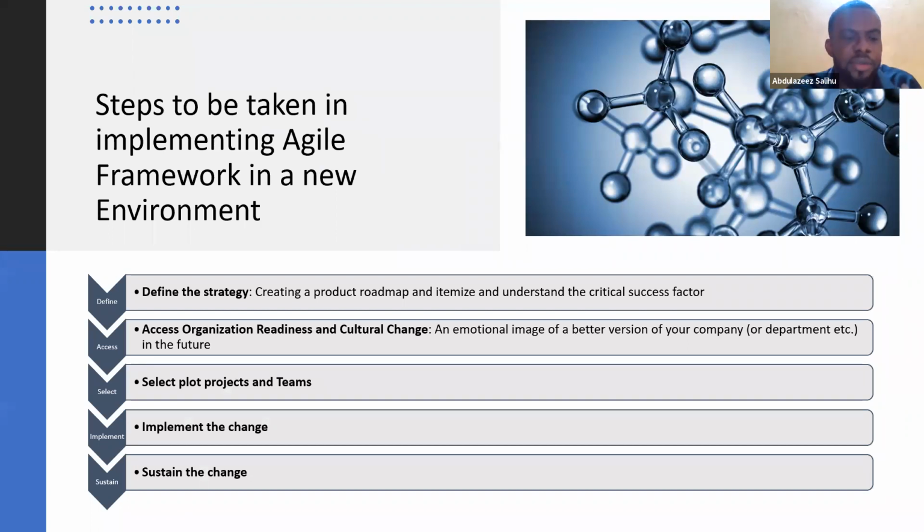So firstly, you have to define the strategy. This entails creating a product roadmap, itemizing and understanding the critical success factors. Because one of the reasons why people are a bit skeptical of Agile, from my interaction with the leadership of organizations where I've been privileged, is that some of them will ask you, okay, how do I define the critical success factor?